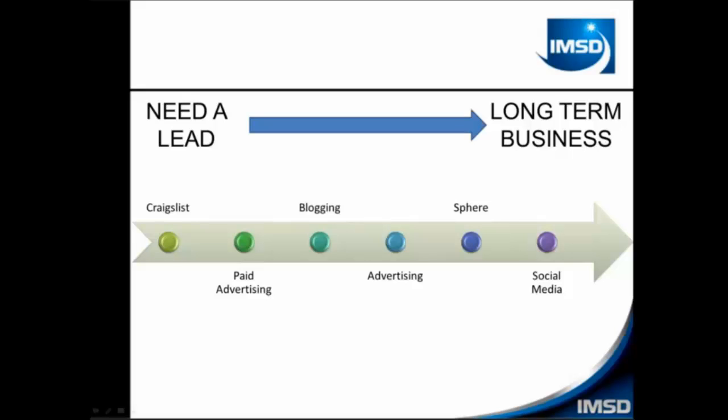Well, if you need a lead tomorrow, if you are to a point that if you don't have somebody in your car tomorrow because you're not going to have a closing happen in January, and if that happens, you can't pay your mortgage, start on the left. Start with Craigslist today. If you were to focus on Craigslist today, you could have a lead tomorrow.